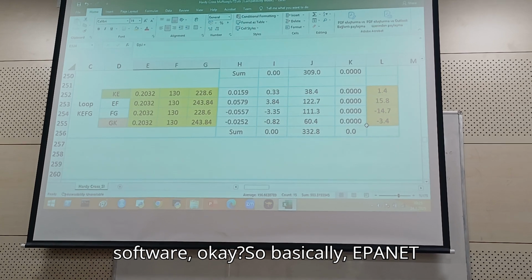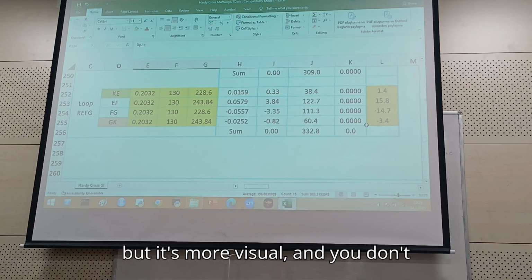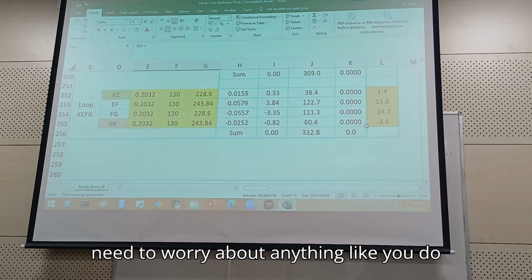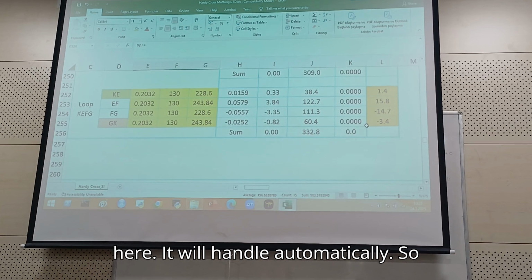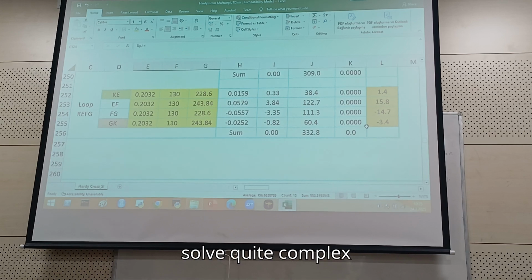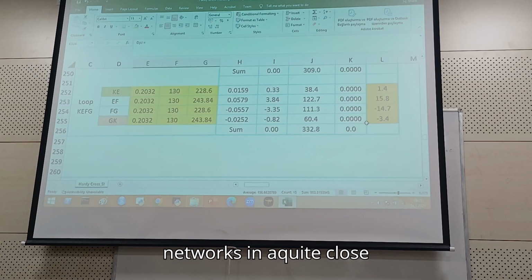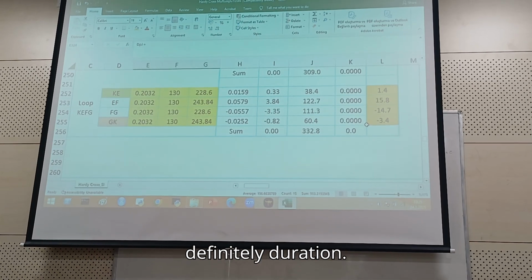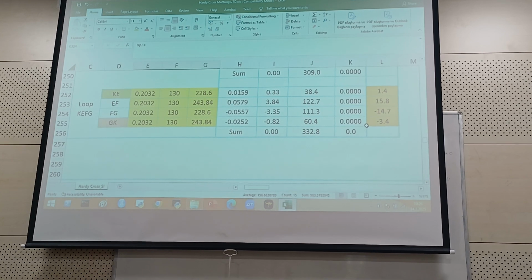Basically EPANet software does the same thing, but it's more visual and you don't need to worry about anything like you do here. It will handle it automatically. So you will be able to solve quite complex networks in a quite cost-effective duration. Okay? Any questions?